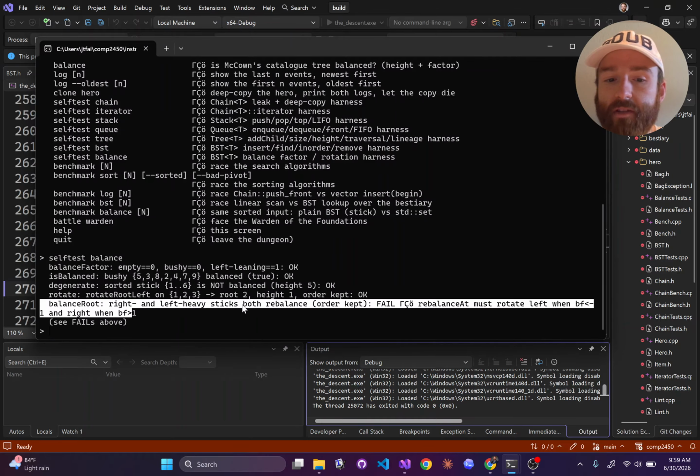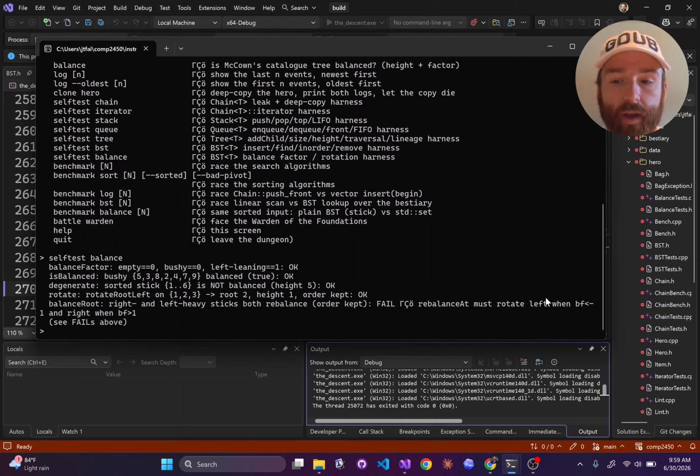Our right and left heavy sticks both rebalance. Order kept, fail. Rebalance must rotate left when our balance factor is less than -1, and right when it is greater than 1.